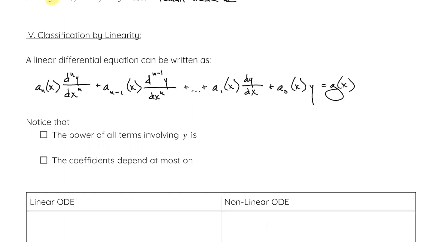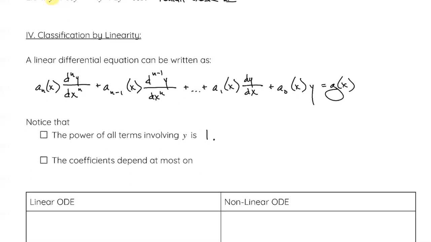Now, how do we know that this is a linear differential equation? There are 2 things that tell us that it's linear. The first thing is that the power of all terms involving y is 1.